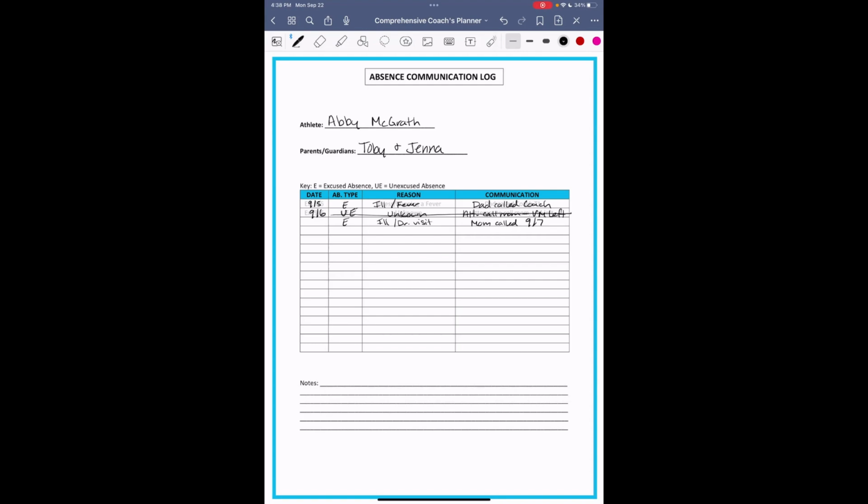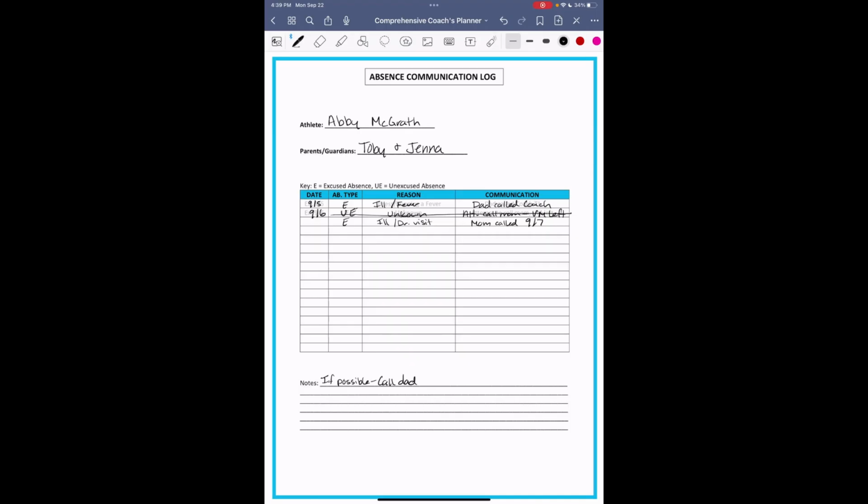There's a few different ways that we can use this note section. One of those ways might be noting that mom is not usually available. So if possible, call dad. So dad's going to be our first point of contact, and then we will contact mom if we're not able to reach dad.